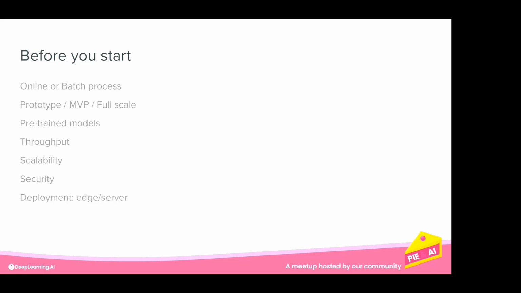And are you going to make a prototype to prove a concept, or an MVP to demo your idea, your app, to get investment, or do you want full-scale application development? Those are the answers you need to get clear before you start your project.